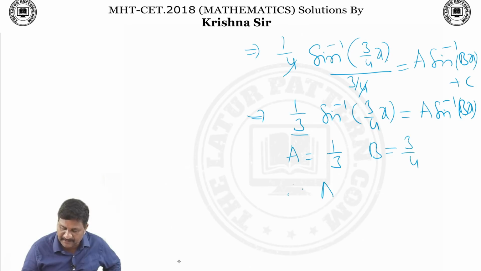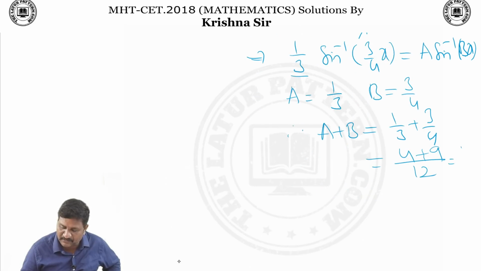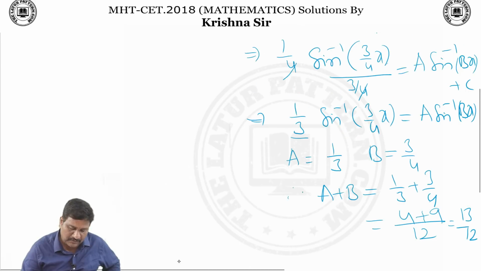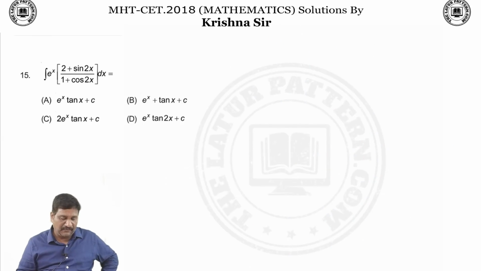Therefore a plus b is 1 upon 3 plus 3 upon 4, taking LCM 12, which is equal to 13 upon 12. So our option is D. That is the solution of question number 15.